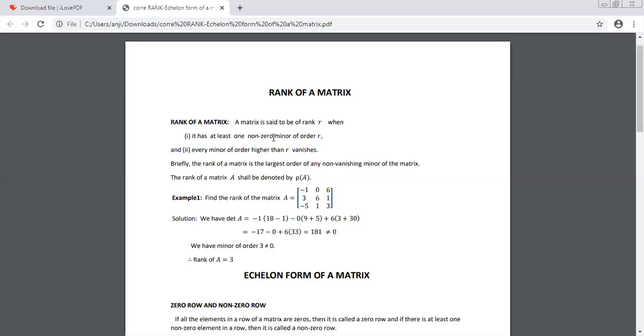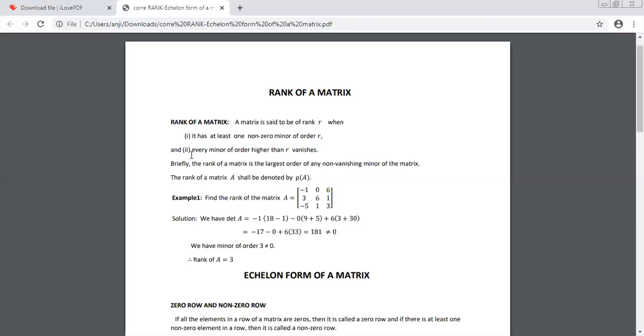The meaning is that the determinant of the r by r matrix is non-zero. There exist many minors of order r. Among those, one non-zero minor of order r exists.